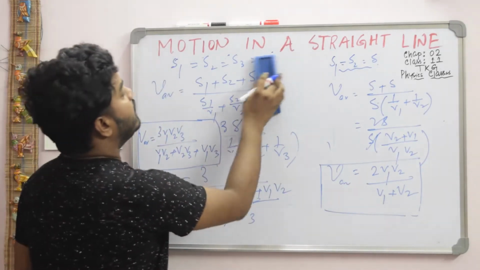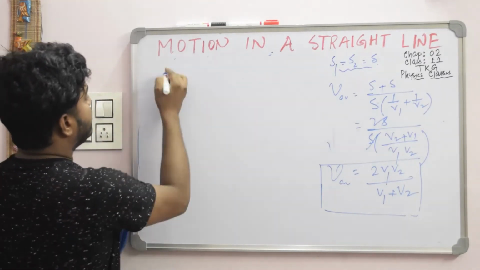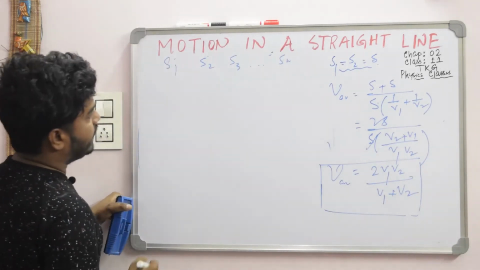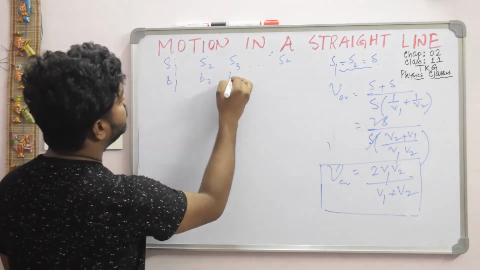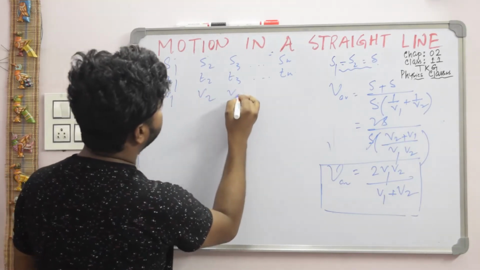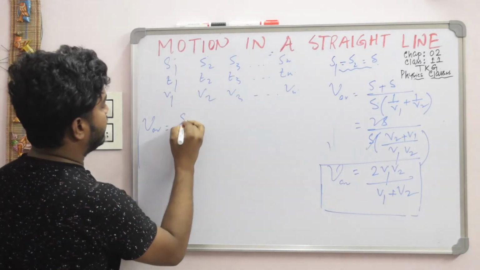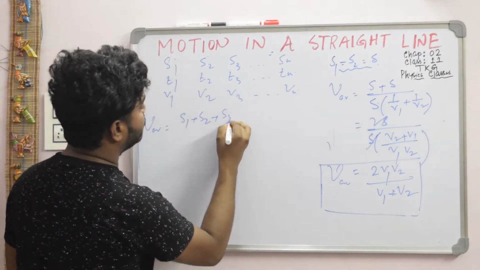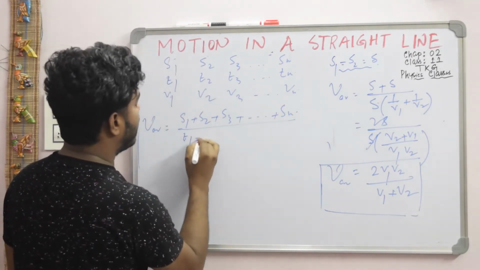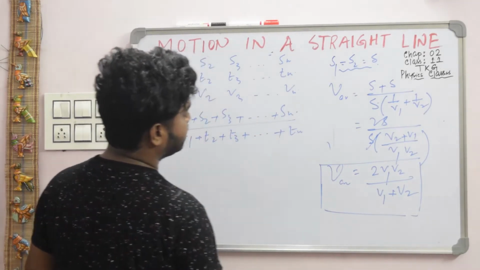Okay. Now suppose another case, a body travelling distances S1, S2, S3 up to Sn in times T1, T2, T3 up to Tn and with speeds V1, V2, V3 and Vn. So what will be the average speed? That is S1 plus S2 plus S3 plus up to Sn divided by the time taken, that is T1 plus T2 plus T3 plus up to Tn.